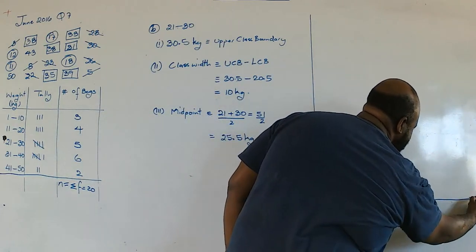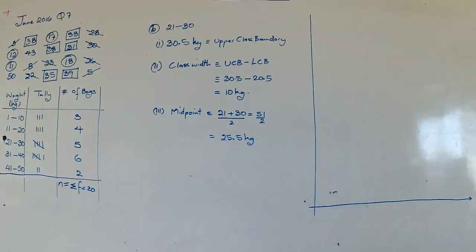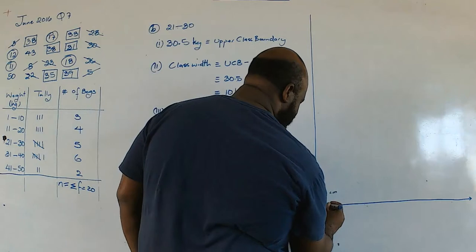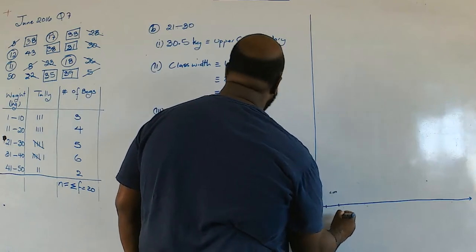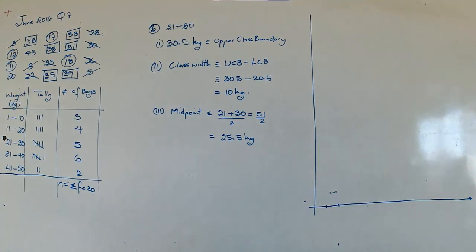Horizontal axis. What is the scale on the x-axis? 2 centimeters to 10 kilograms. I should be able to plot 10.5.